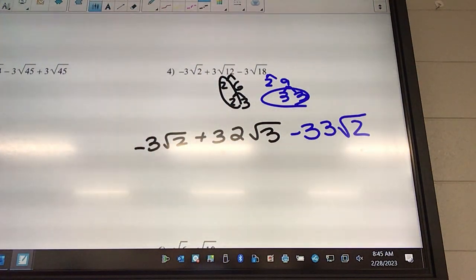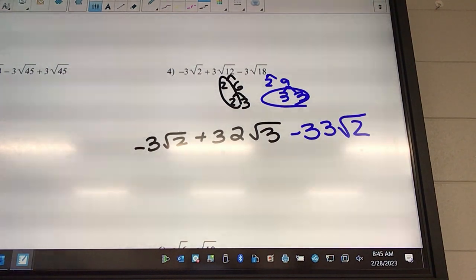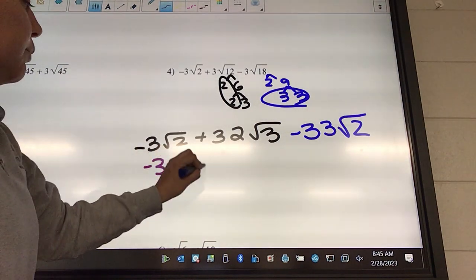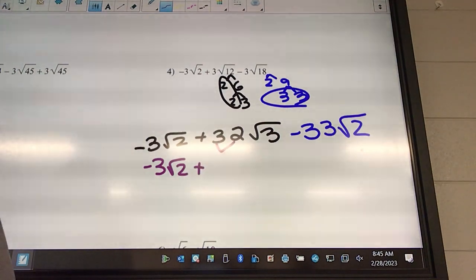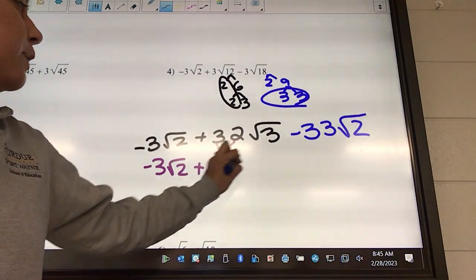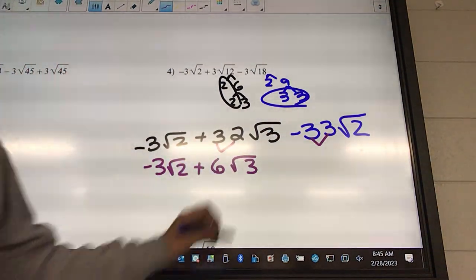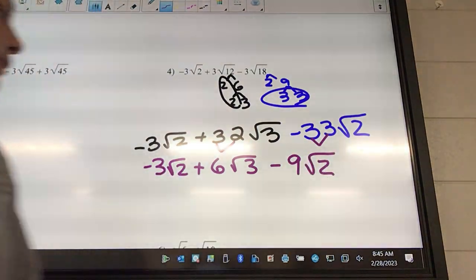Okay, and then your next step is obviously going to be to go through and multiply all these. So we're going to get negative 3 square root 2 plus, what is 3 times 2? 6 square root 3. And then negative 3 times 3 is going to be negative 9 square root 2.